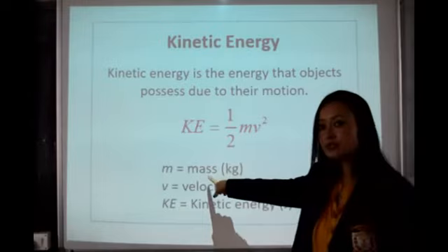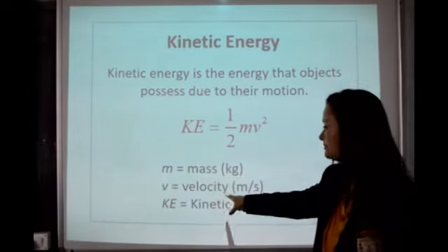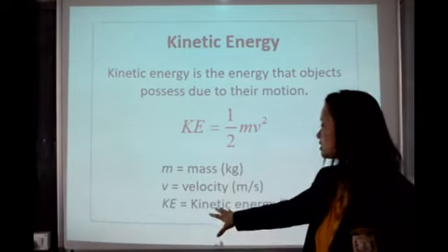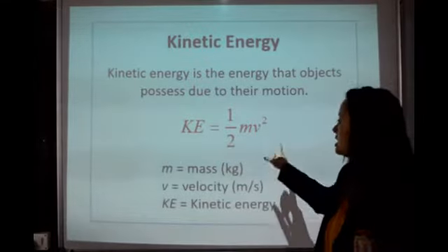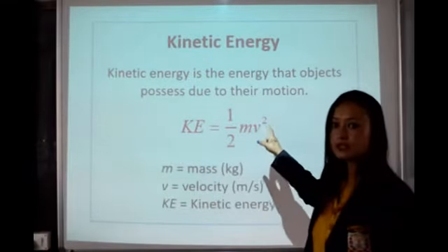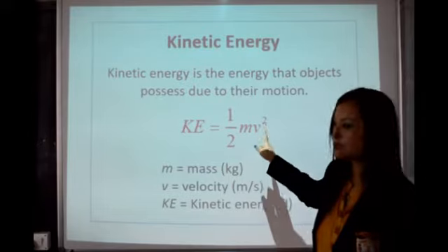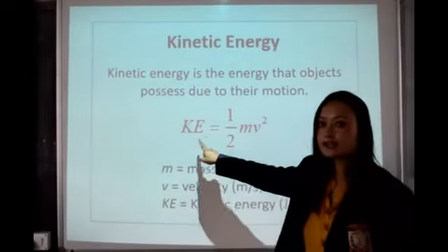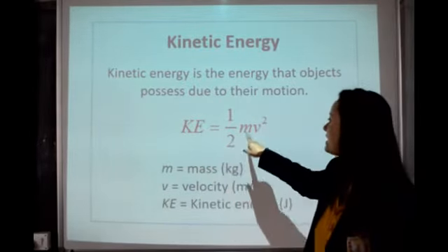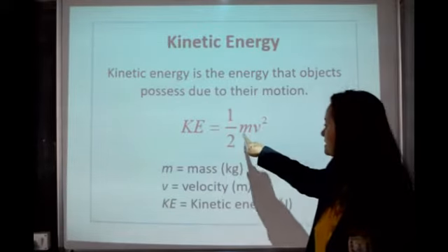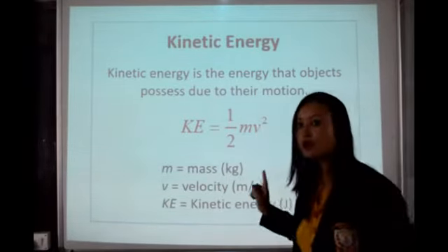M stands for mass, V stands for velocity, and KE is the short form of kinetic energy. This expression is very important. We'll be doing numericals related to it. So please see this: kinetic energy equals half mv square. M stands for mass, V stands for velocity.